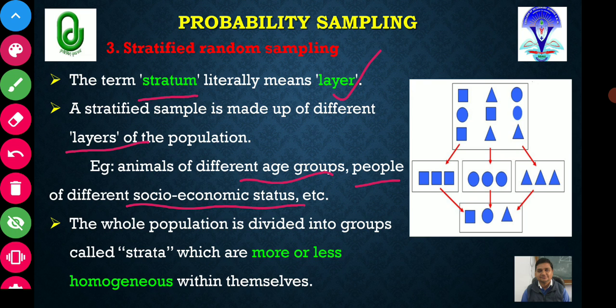The whole population is divided into groups called strata, which are more or less homogeneous within themselves. So why are we making strata? Because it will make the population homogeneous, because with respect to age the population was not homogeneous. So we tried to make it homogeneous as far as possible.